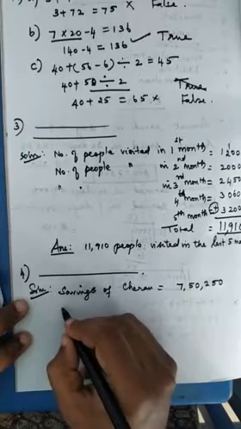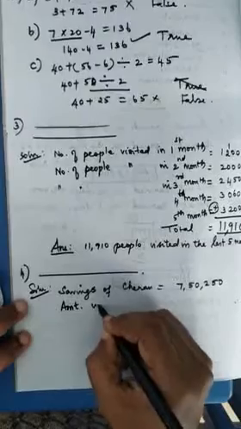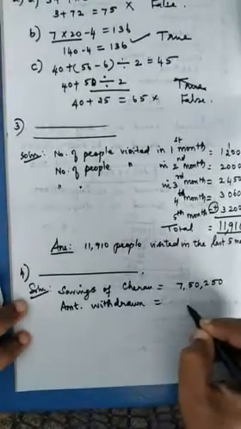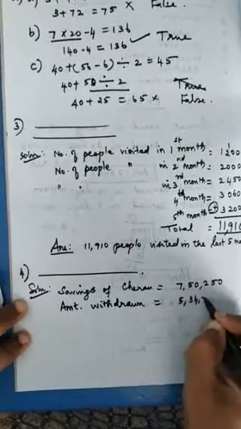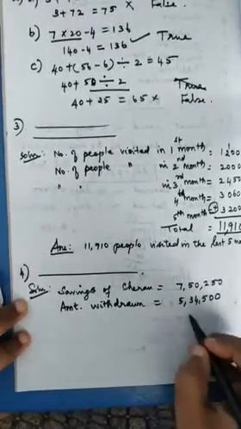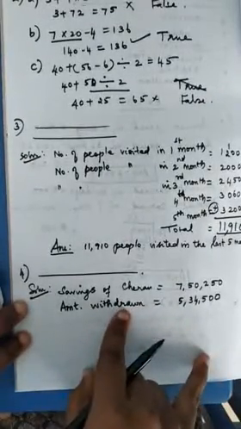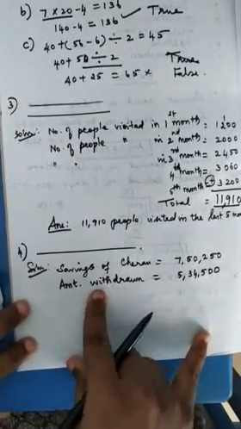So amount withdrawn. How much he withdrew? It is 5,34,500. So, see children, withdrawn is the past participle of withdrew. Okay.